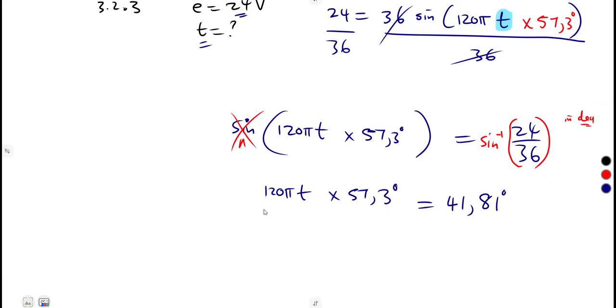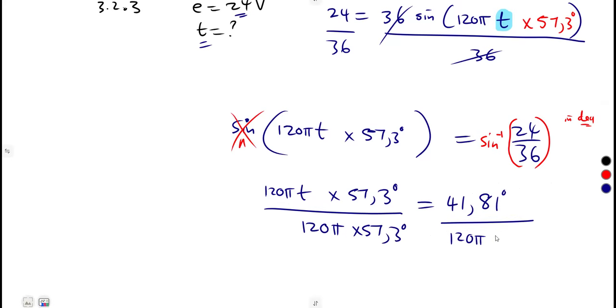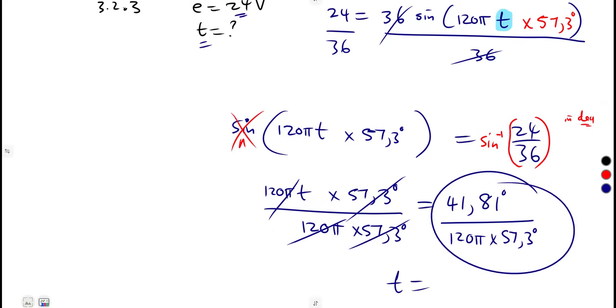So divide by 120 pi times 57.3 degrees to obtain t. So this cancels, and you remain with t. So simply divide this.